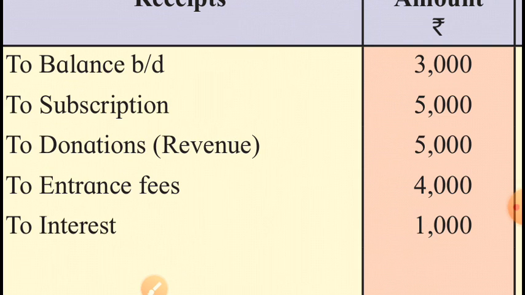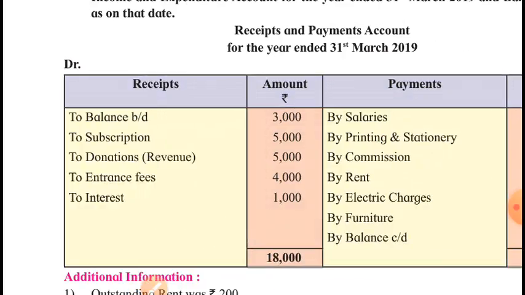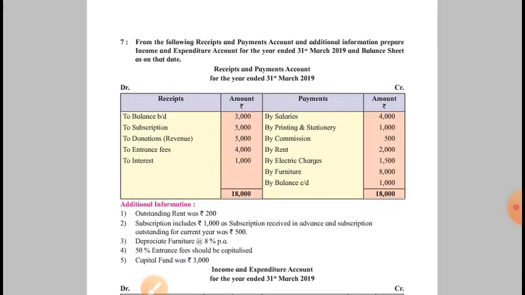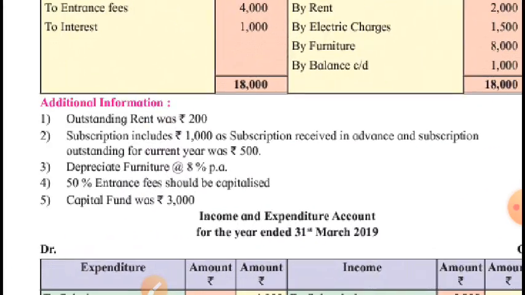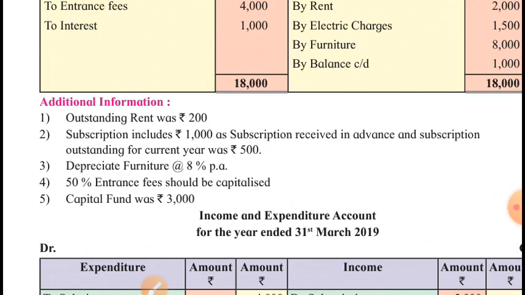So 5,000 minus 1,000, 4,000. 4,000 is the subscription received for this year plus 500 to be received for this year. So 4,000 plus 500, in the outer column we will have to show 4,500. Total subscription for this year is 4,500.